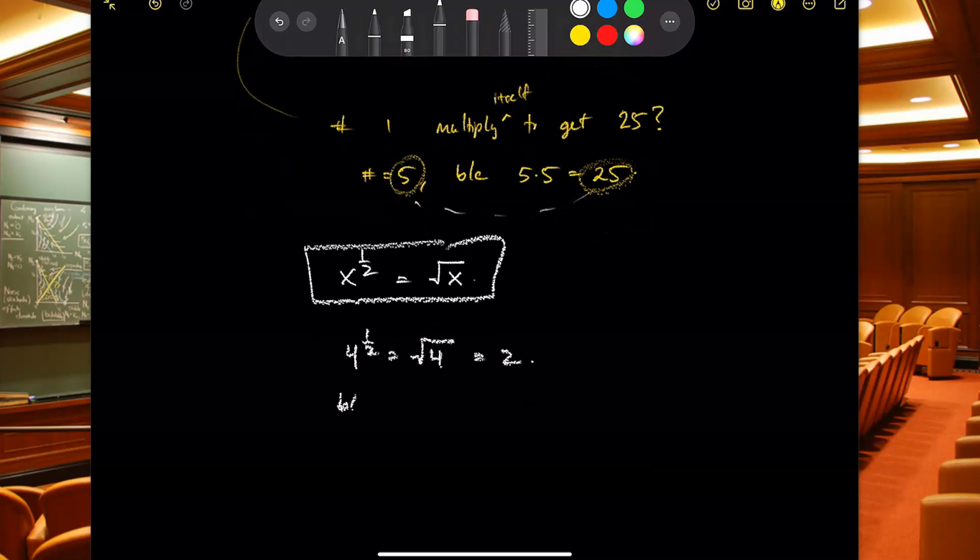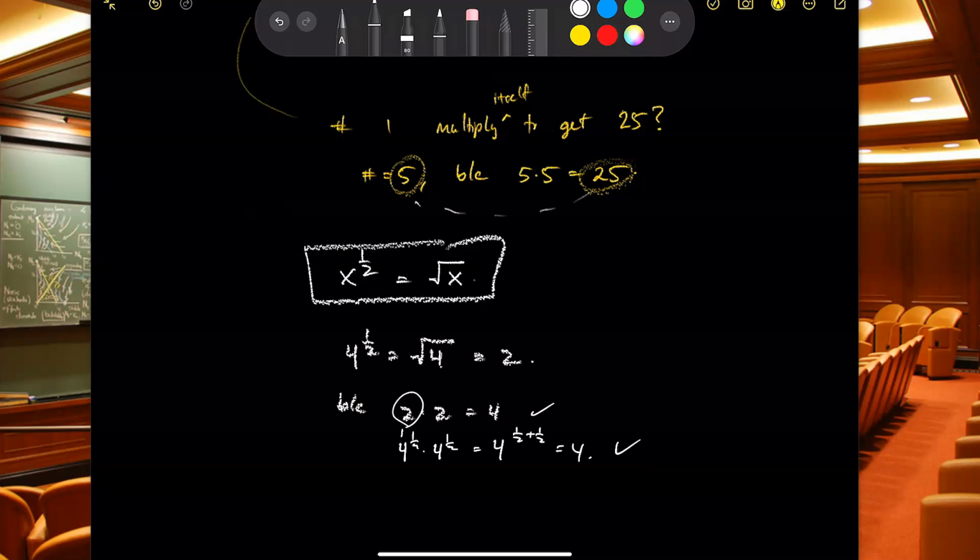And that makes sense because 2 times 2 equals 4. And we know that 4 to the 1/2 times 4 to the 1/2 should be 4 to the 1/2 plus 1/2, which is 4 to the 1st.